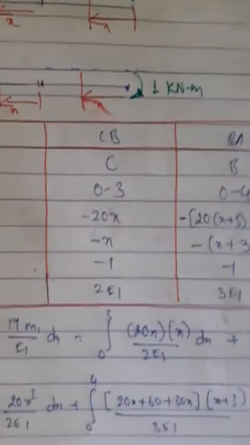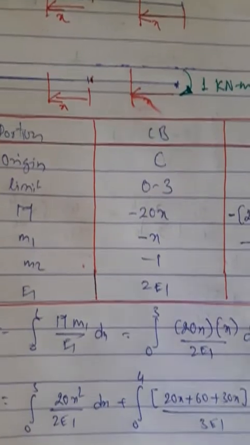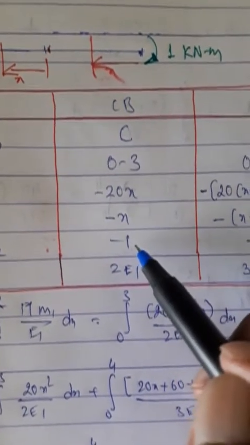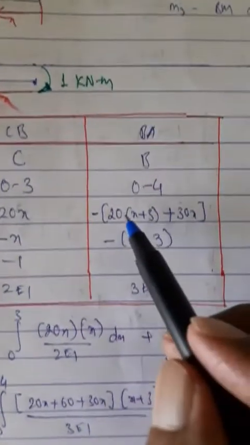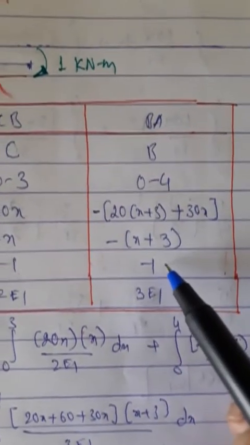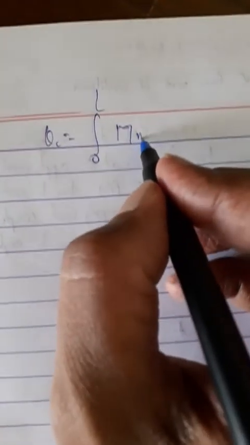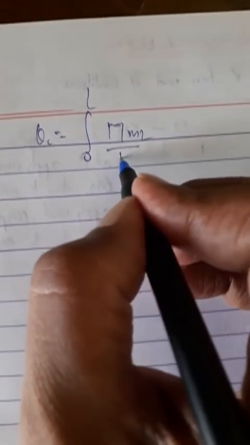Now I have to find theta C. To find theta C, integration of M into m2: minus 20x into minus 1, so it becomes 20x. The limits are 0 to 4, 0 to 3. So I will write the equation for theta C now. Theta C is equal to the integral from 0 to L of M into m2 divided by EI dx.